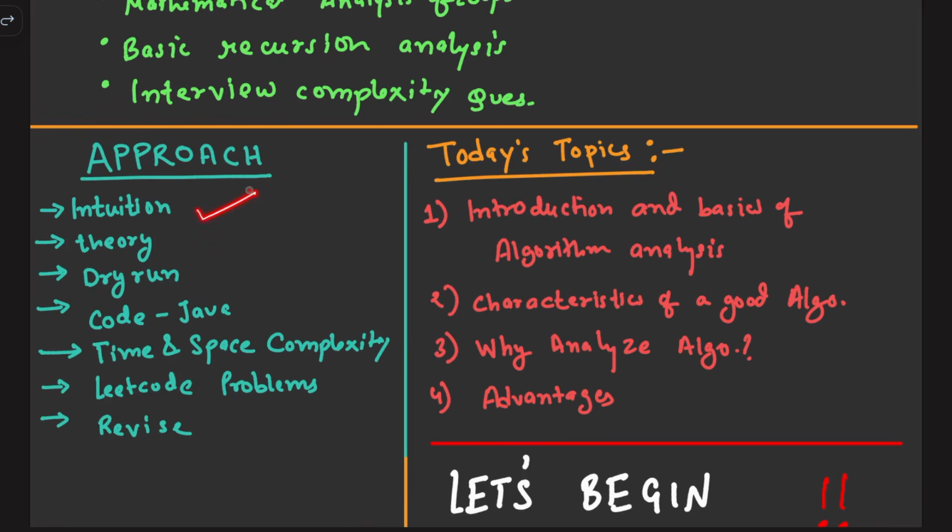First, we'll know the intuition, the theory behind it, dry run the algorithm, code in Java, analyze time and space complexity, try to solve some LeetCode problems, and then revise. So, today's topics are introduction to basic algorithm analysis, characteristics of a good algorithm, why do we need to analyze an algorithm, and advantages. So, let's begin.